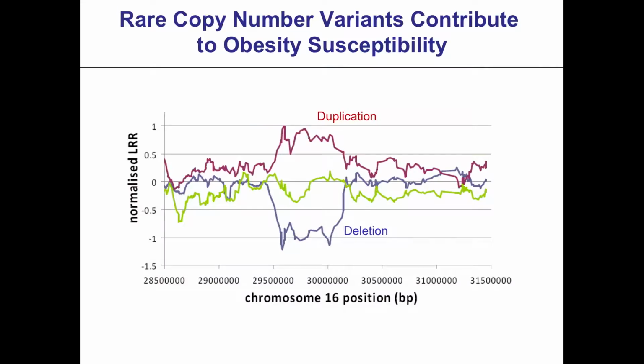The best example is a half-megabase copy number variant on chromosome 16p. One in every 2,000 individuals has a deletion, but one in every 2,000 as well has a duplication, so more than two copies of this region. In 2006 or 7, I don't remember, I found two patients with that, one in Northwick Park in London, one in the Catholic University of Lille, and we said, oh, maybe it's due to obesity.